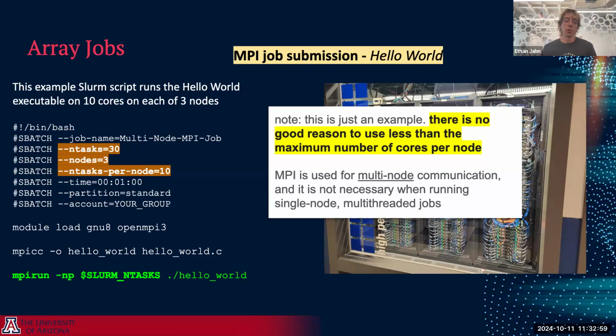So if you can run something on a single node using shared memory parallelism, that's always recommended over multi-node parallelism, given the same number of cores, right? So if you really need to scale up and use a large number of nodes for your work, then distributed memory parallelism is great for these large scale jobs. But in the case where it's a smaller scale, there's no reason to spread cores out over multiple nodes.